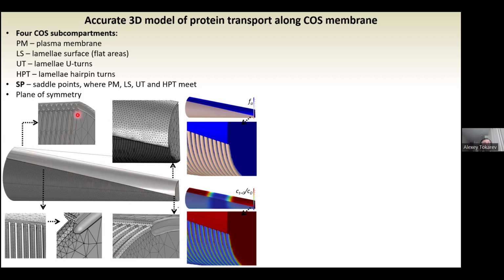The plasma membrane is here, hairpin turns are here under the plasma membrane, and U-turns are here in the region where there is no plasma membrane. So we generally reproduce the organization of the outer segment, to the best of our knowledge of the geometry and sizes of the structure.